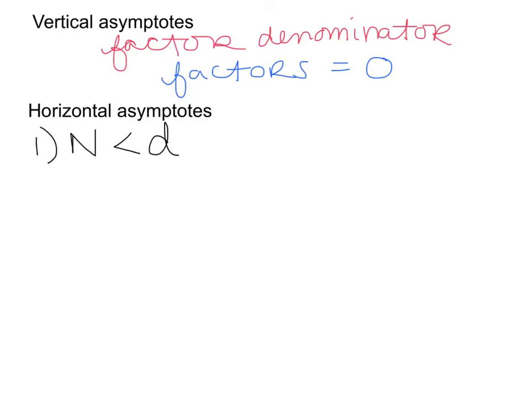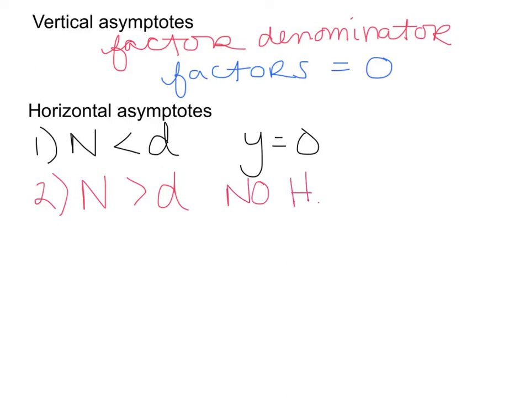Now there's 3 different situations to find your horizontal asymptote. The first situation is when your numerator's degree is smaller than your denominator's degree. This is going to make your horizontal asymptote y equals 0. The second scenario is when the numerator's degree is larger than the denominator's degree, and this is going to make no horizontal asymptote.